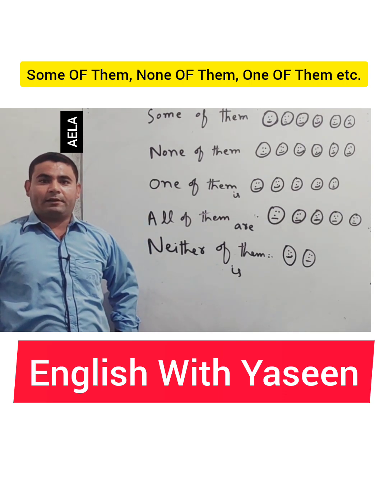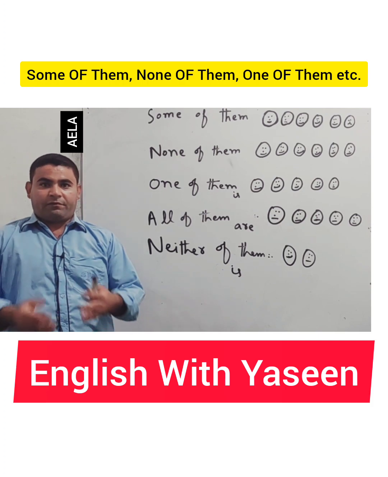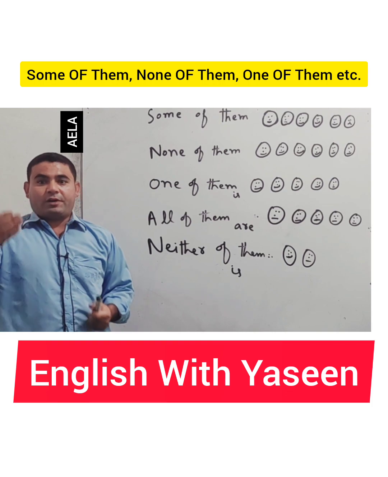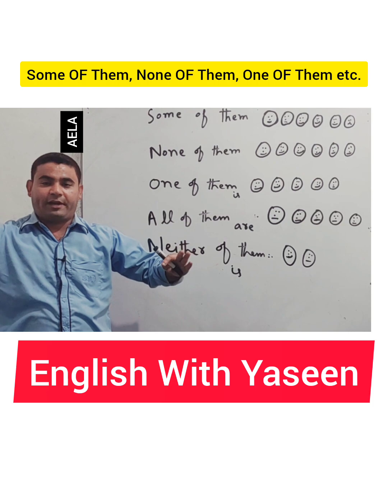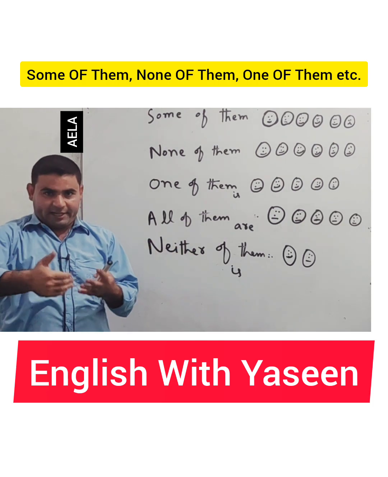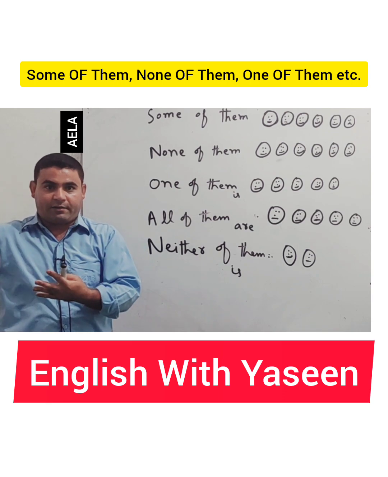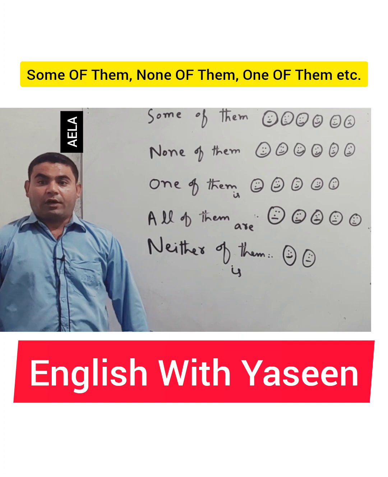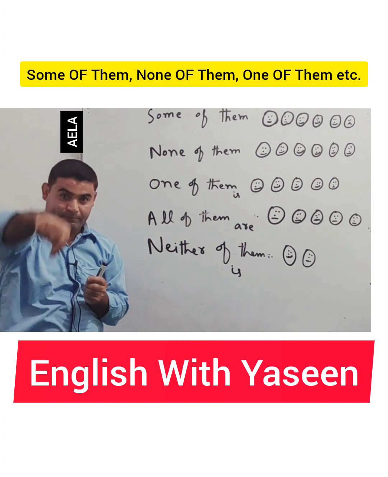For example, if there is a party and I want to tell my friend that some of the people or some of the students or some of the friends were hungry, it's a dilemma, a big concern for him that he invited all of the students to the party, and if some of them went hungry, it's a big trouble. So when I say some of them, he understood what I mean.